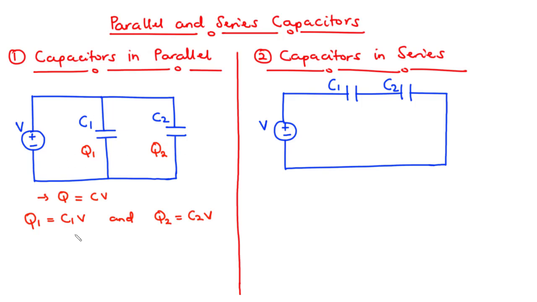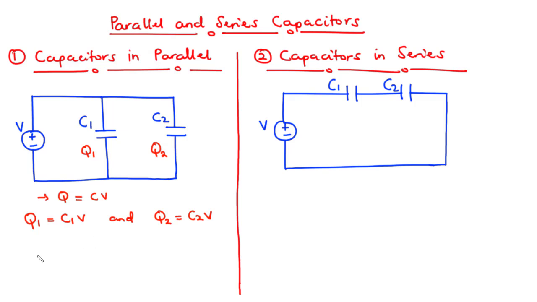At this point, if we want to replace C1 and C2 by a single capacitor, what this primarily means is that we want to find the equivalent capacitance. In this case, the total charge produces the same source voltage.